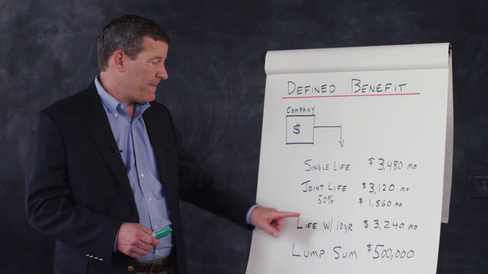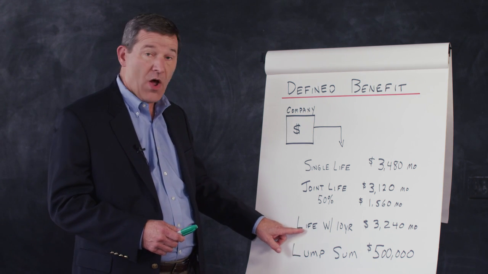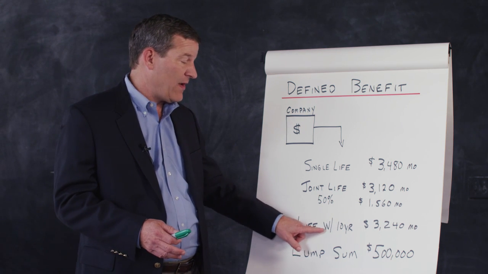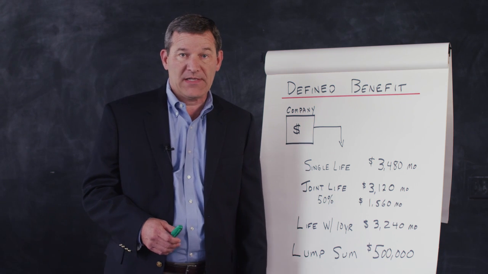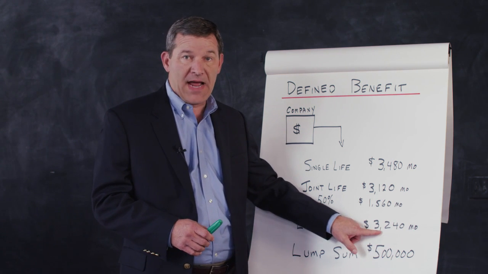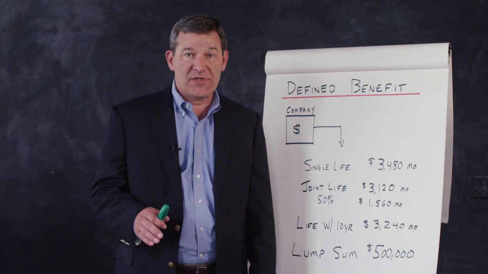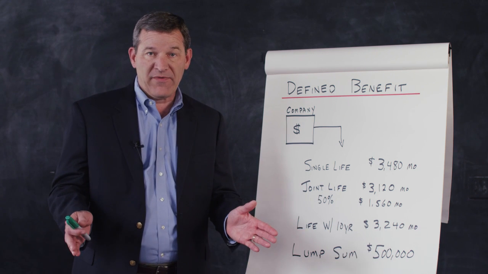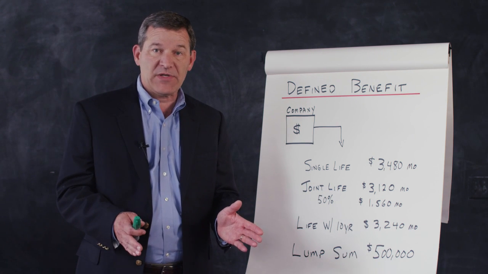Also, it's common to have a life with a guaranteed period. So for example, 10 years. In this example, you get $3,240 a month for life, but it's guaranteed for 10 years.